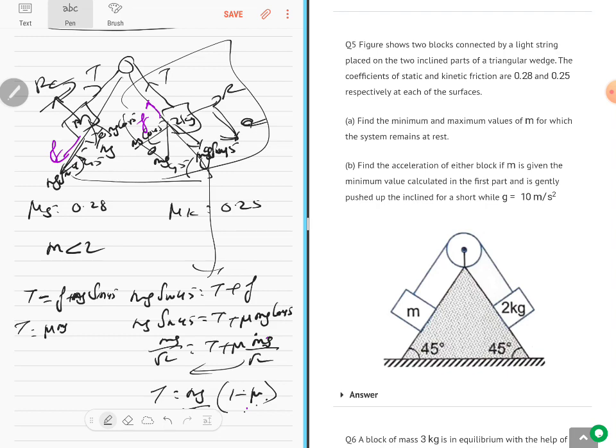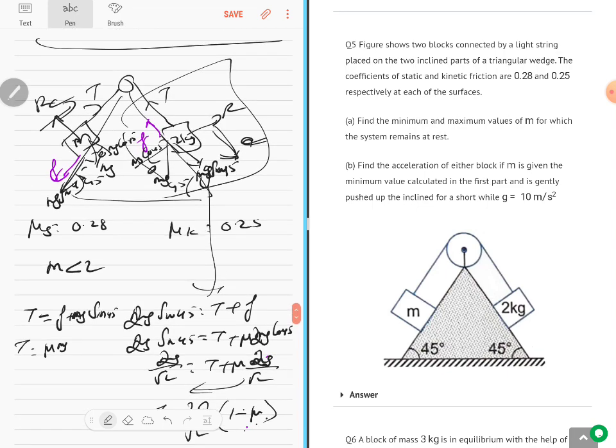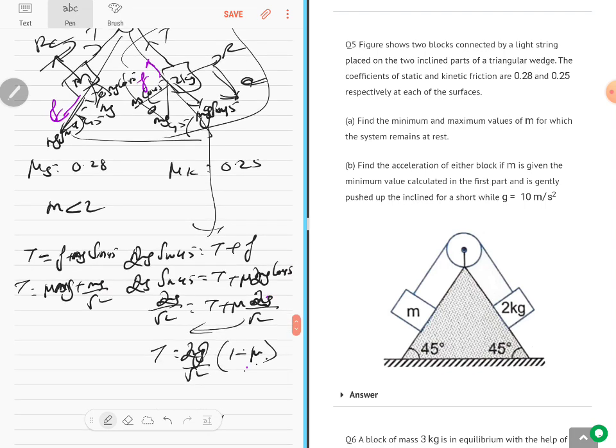But here you know m is 2, so you can just replace m with 2, whereas here it's 2g by root 2, and here it is m only. So T is mu into normal reaction, which is mu into mg, plus mg by root 2.